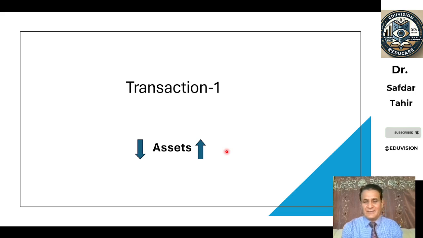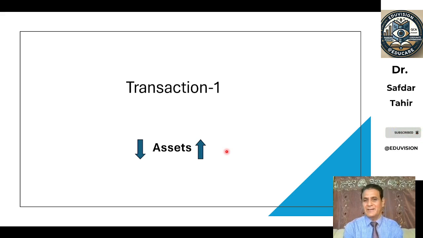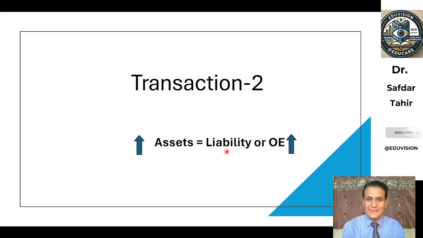So how to make the transactions? Transactions may be some assets going up and other assets going down. Transactions may also be some assets going up and equally liabilities or owner equity also going up.